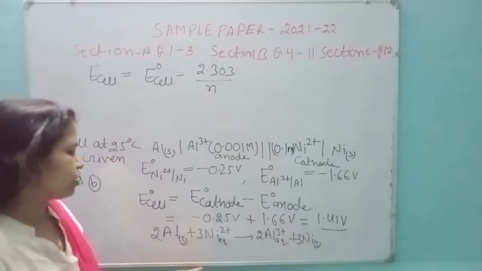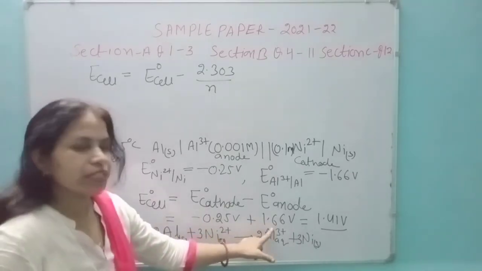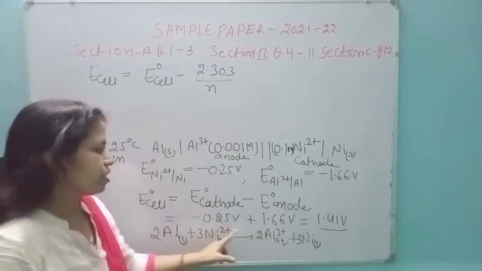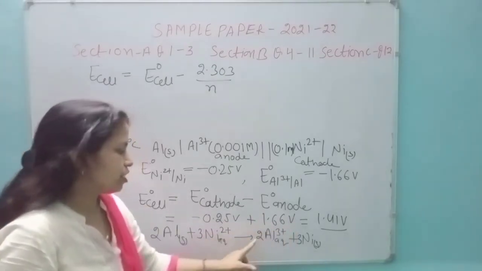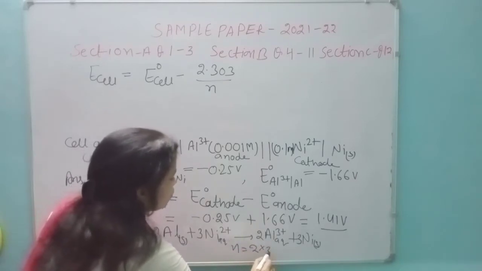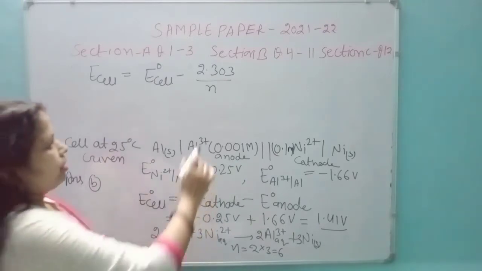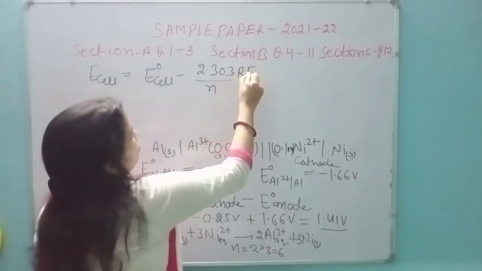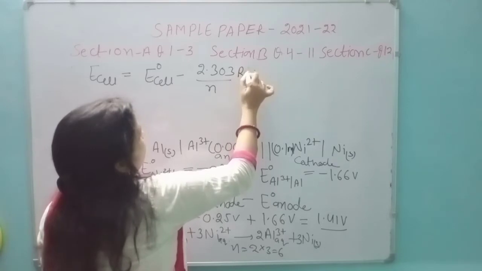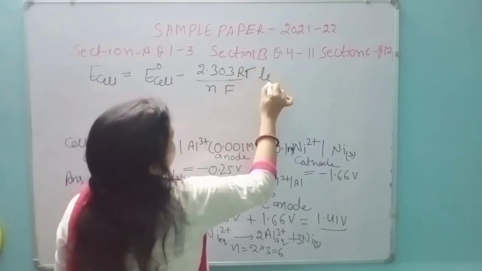How many electrons? 6 electrons. Al converts into Al3 plus and Ni2 plus converts into nickel. When we balance the equation, n equals 3 into 2, 6 electrons are here. F means Faraday.